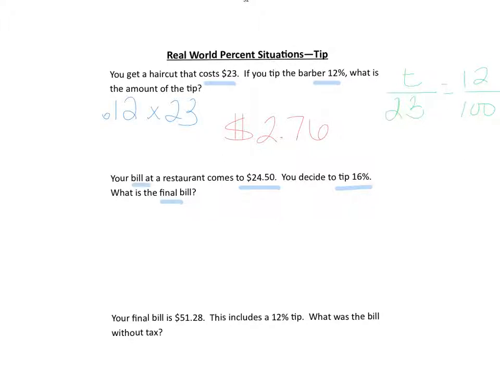All right. In looking at this, the first way would be, we don't know the cost of the tip. We don't know how much was added on. So we first have to figure out how much was added on. So we end up with 16 over 100 because that's your percent, and T over 24.50 because that's the amount of your bill.